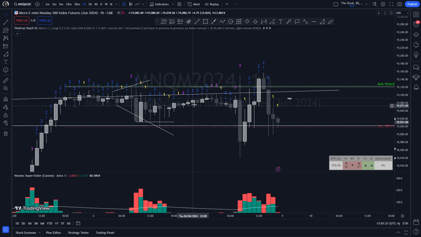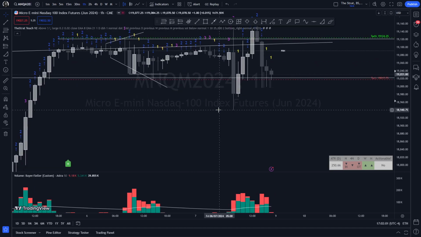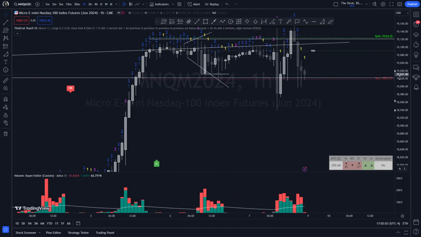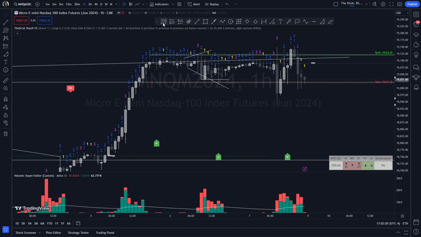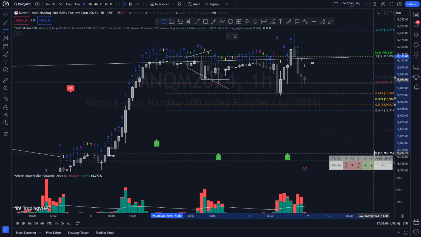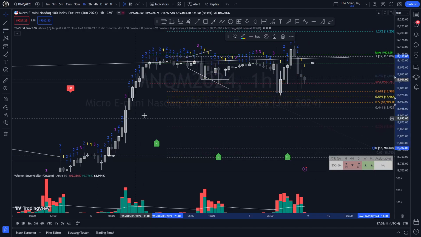So it's possibly going to either A, shit the bed and come back down to this deep retracement, from here to about right here, this area. The reason I pulled it like that is because that's when the move actually started.